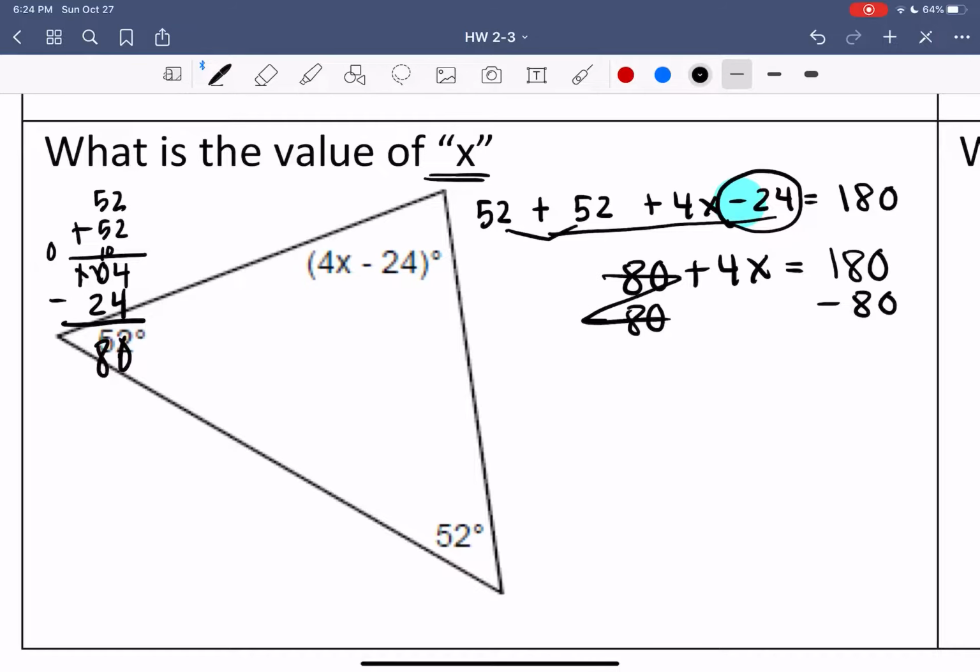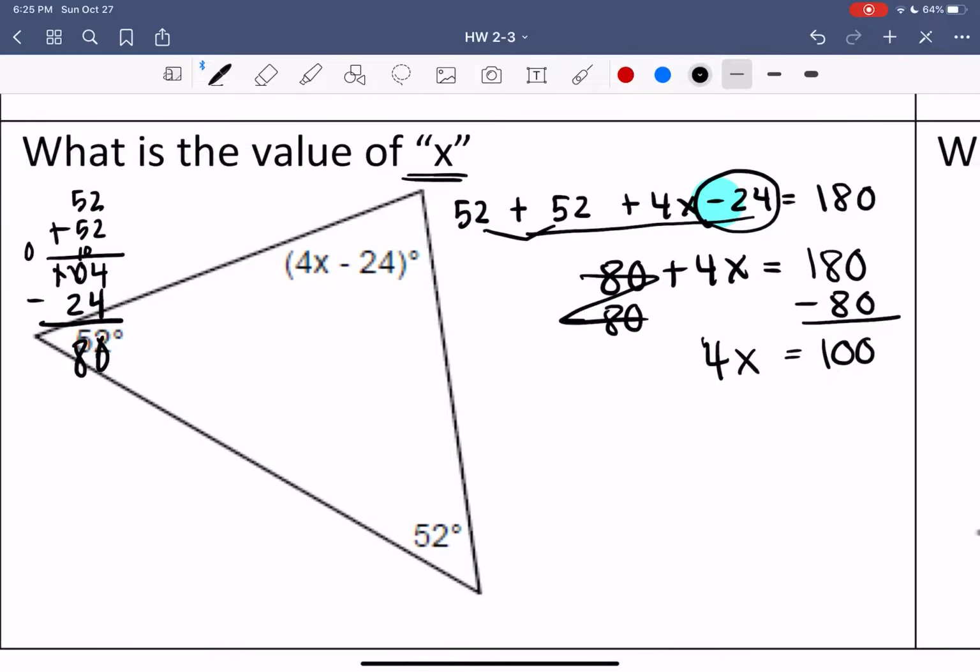This will become 0, and we'll be left with 4x equals 100. And then remember that you'll have to divide both sides by the coefficient of 4, and then you'll be left with just your x.